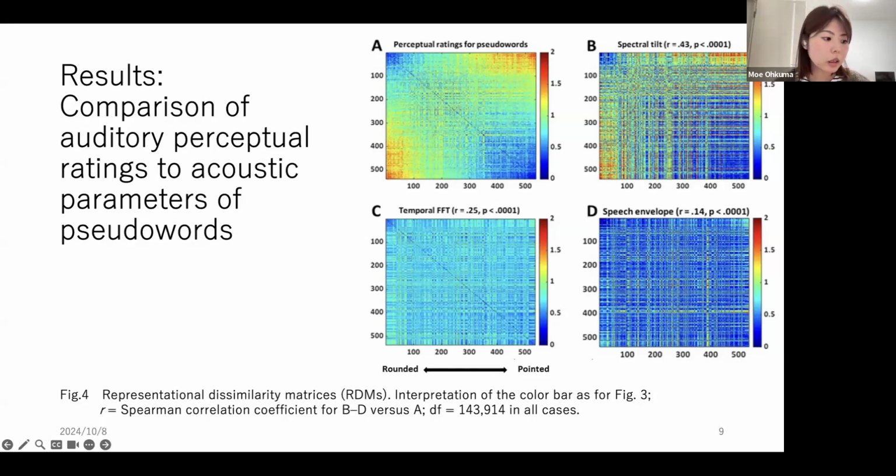The remaining acoustic parameters were uncorrelated.